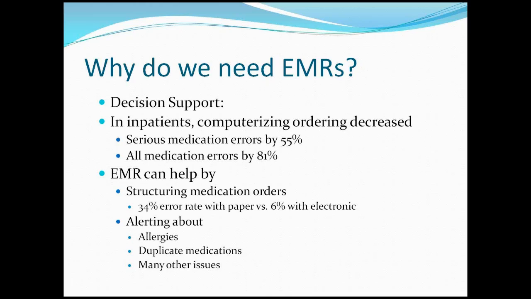Now, another angle of electronic medical records is decision support. Another area is that for inpatients, computerizing ordering decreased, A, serious medication errors by 55%, and B, all medication errors, overall, by 81%.